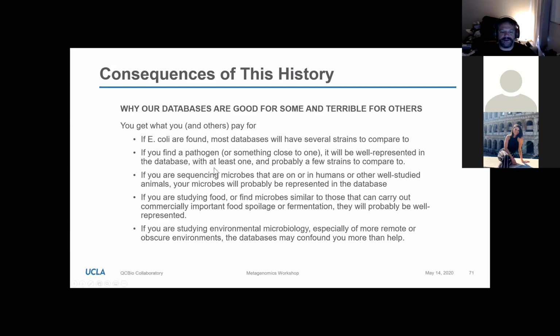So you're going to find at least one version of whatever it is you're looking at, and you might even find a few strains to compare to. If you're looking at microbes that live on humans or animals that are similar to humans or just common animals, these are also typically pretty well studied. People figured out there's commensal bacteria and even kind of symbiotic or beneficial bacteria. People figured that out fairly early on. So these are reasonably well studied as well.